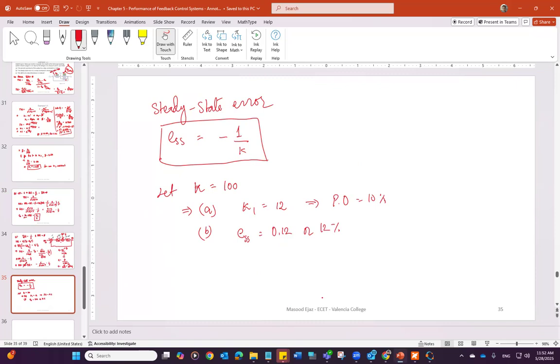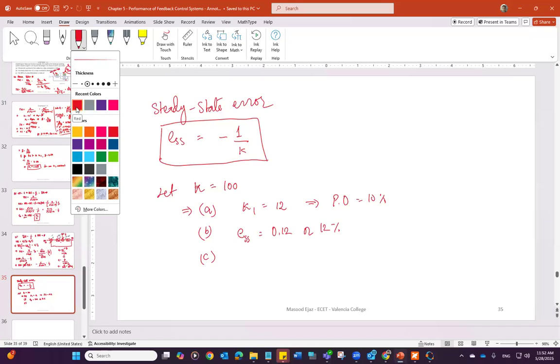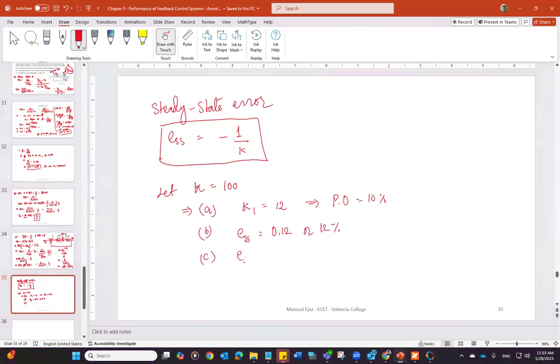K is equal to 100 and K1 is equal to 12. And from C, of course, my steady state error will simply be negative 1 over 100 or negative 0.01. So these are my values.